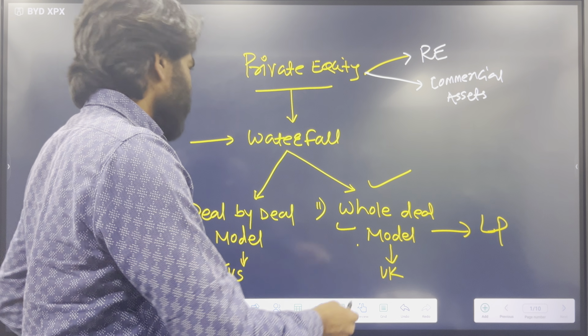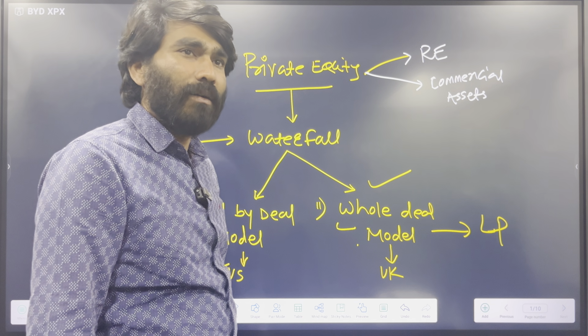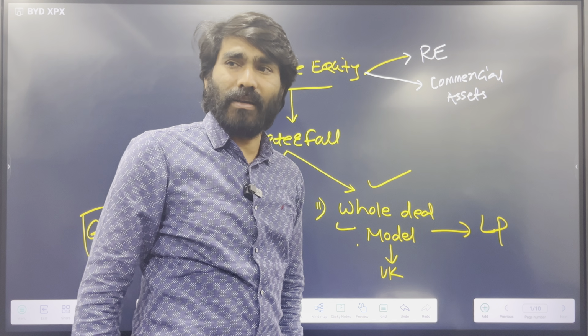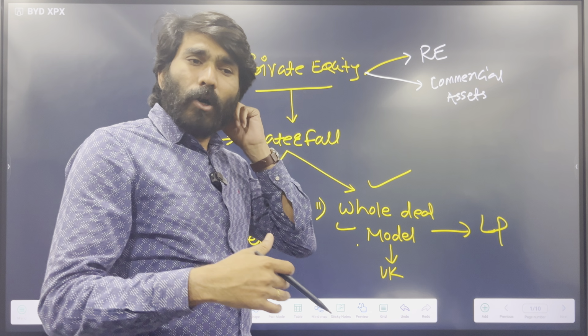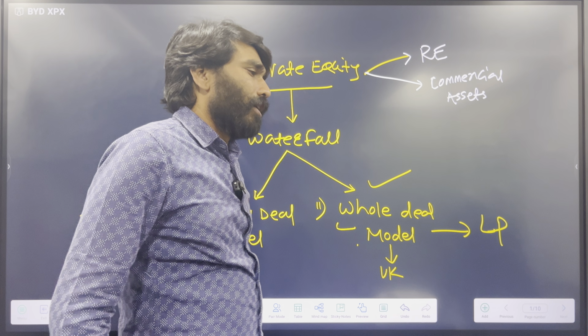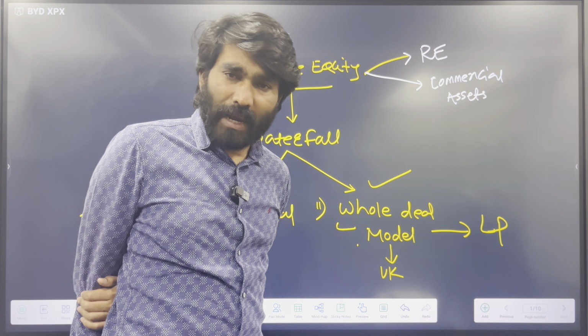See, in private equity, you can see different types of private equity funds, like real estate private equity funds, commercial real estate private equity funds, startup investing private equity funds, or any infrastructure-related private equity funds.